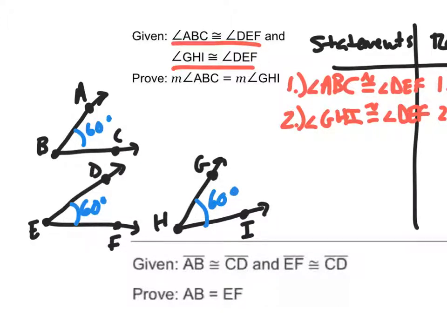So what can you conclude about angle ABC and angle GHI? They're equal. Their measures are the same, so they are what to each other? Congruent. So let's make that our third statement: angle ABC is congruent to angle GHI.